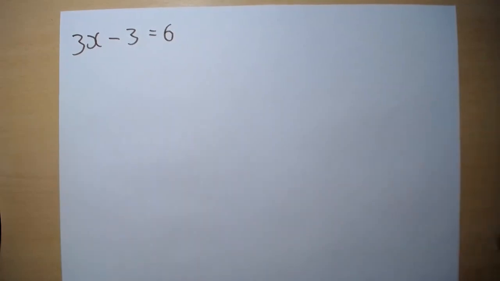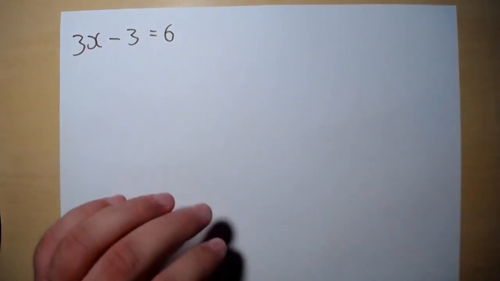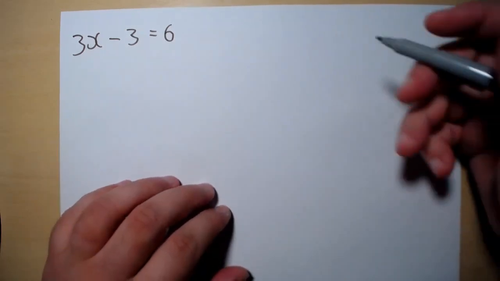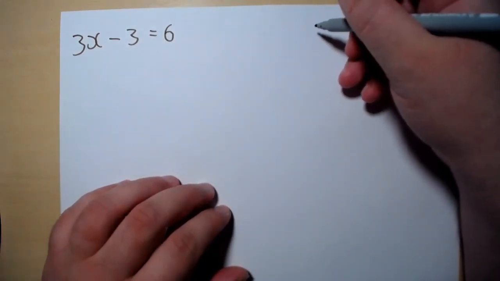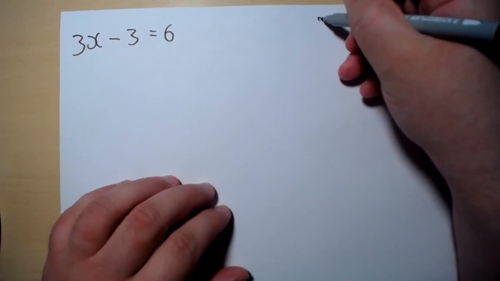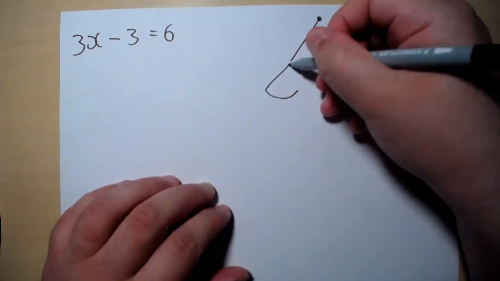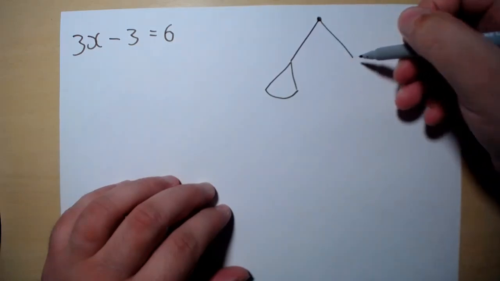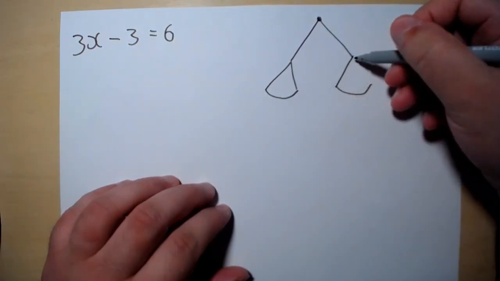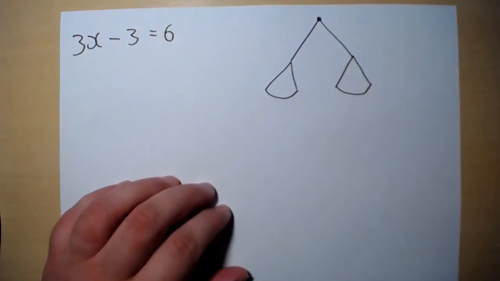If I have to compare this to something more practical, imagine we have a weighing scale, an old type of weighing scale, where we have something like this and something like this.